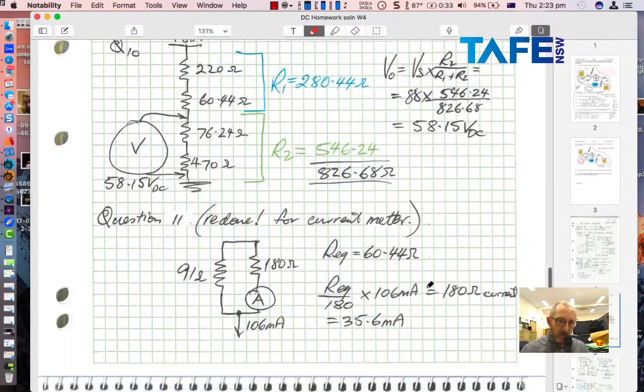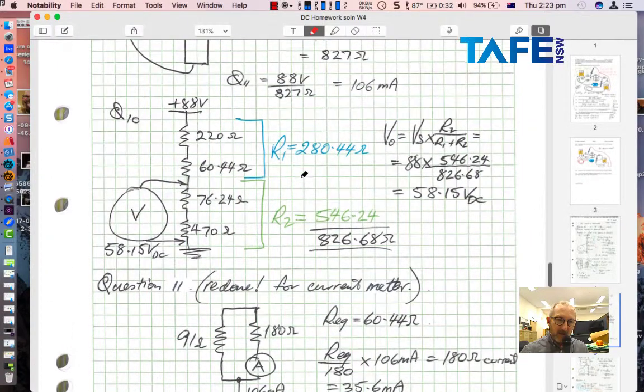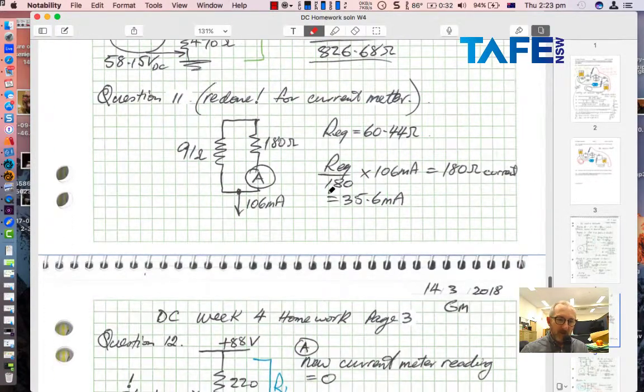So question 11 redone. That's that beautiful current meter that I drew, and it's in line with the 180 ohm resistor. I got 106 milliamps flowing down through the network as we saw before, so not too much more to calculate here. Simple current divider again. The REQ of this network, 60.44 times the 106 milliamps coming in or out, if you like, divided by 180 ohms, because that's the individual resistor we're looking at.